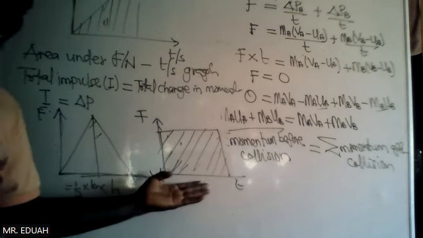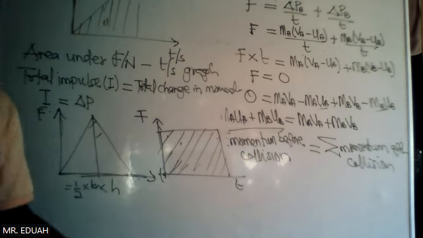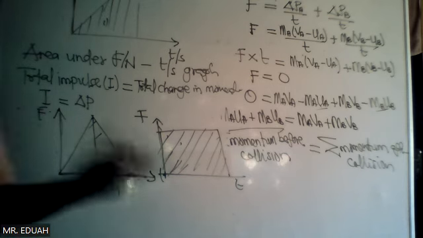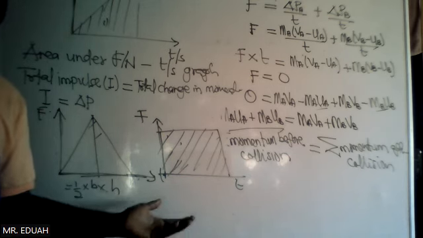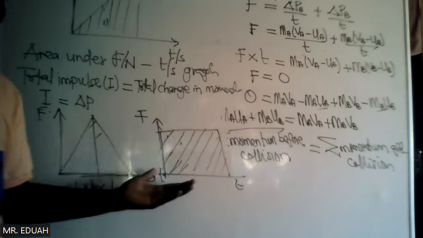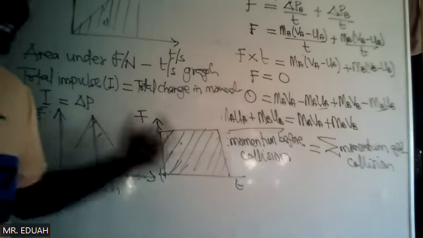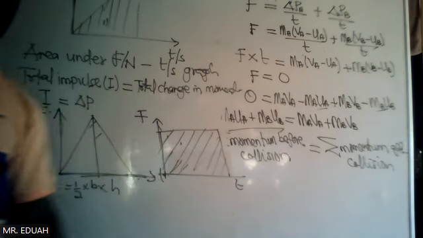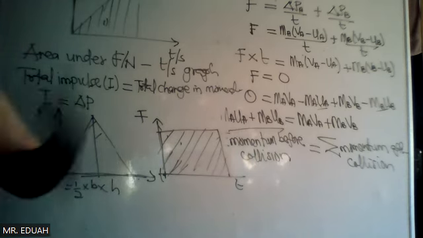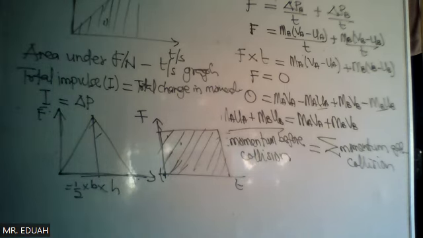If the area under the graph is a rectangle, you use the area of a rectangle to determine that particular area, and this would amount to the total impulse. If it's a circle, it's the same way. But the whole point is that the area of a force-time graph is equal to the total impulse. Are you okay?